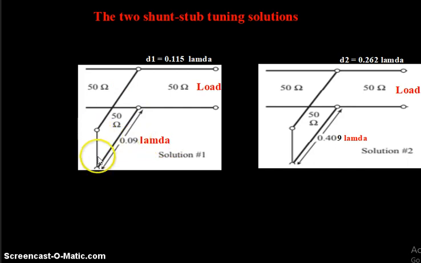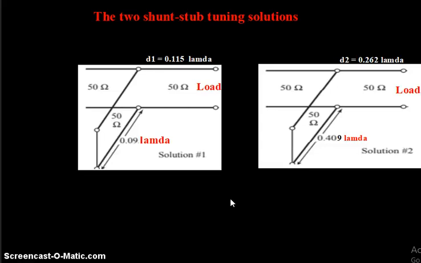It is a short circuited one, so this end is shorted. This is the first solution. Second solution, from the load to the location of the stub is D2, that is equal to 0.262 lambda, and the length of the stub is 0.409 lambda. So these are the two solutions for this given problem.